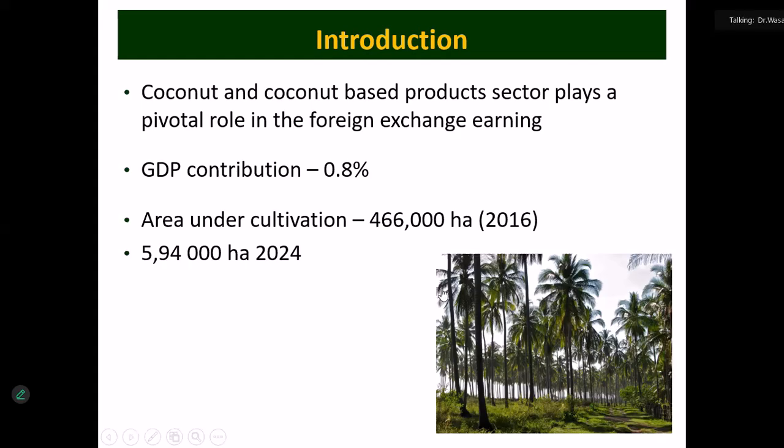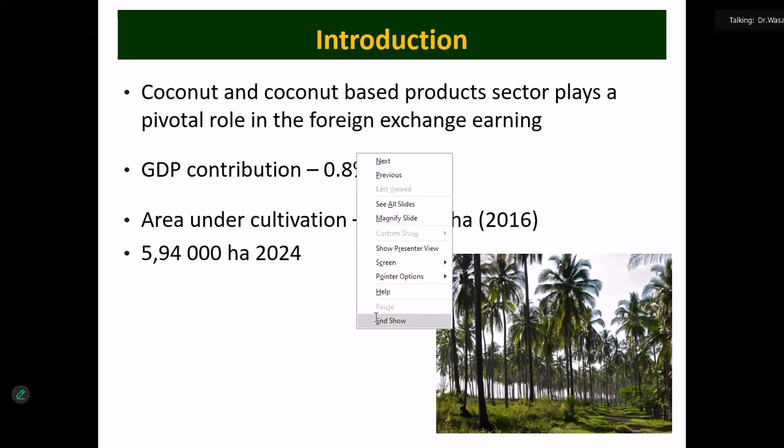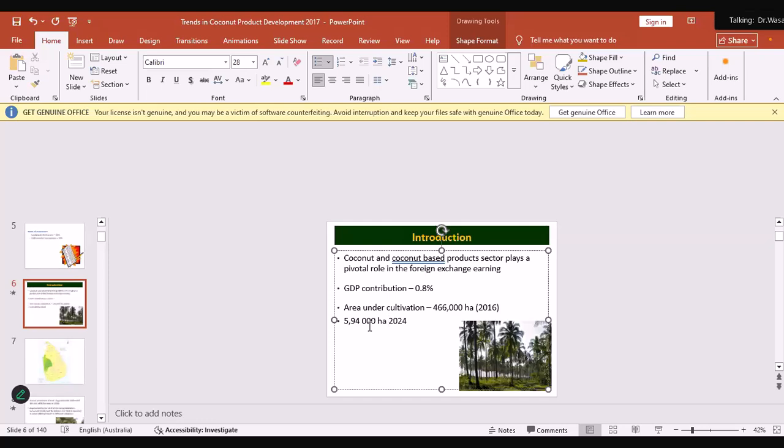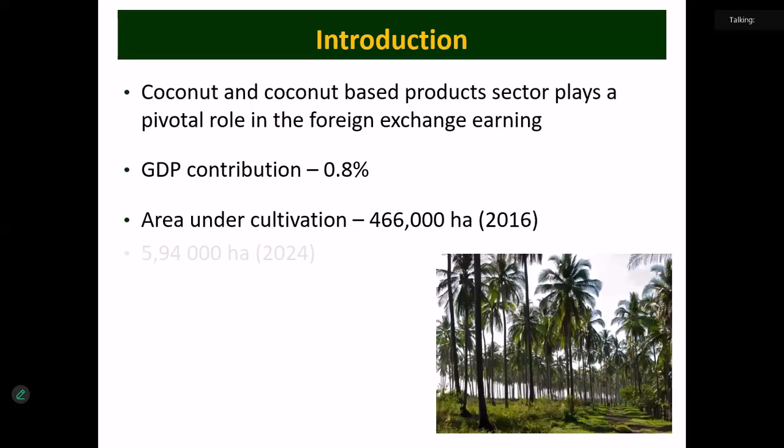In 2016, 466,000. But in 2024, it is about 594,000 hectares, almost 600,000 hectares.